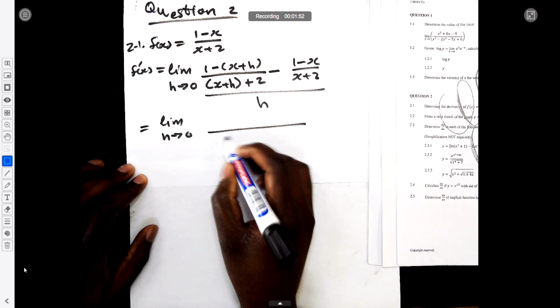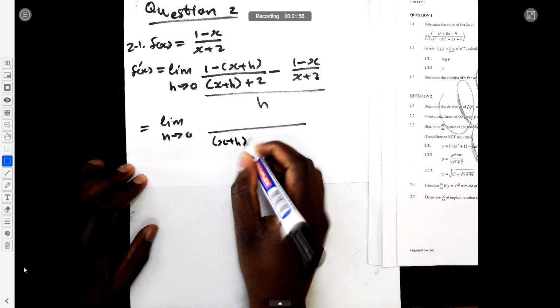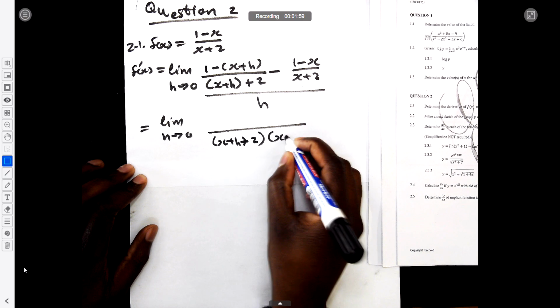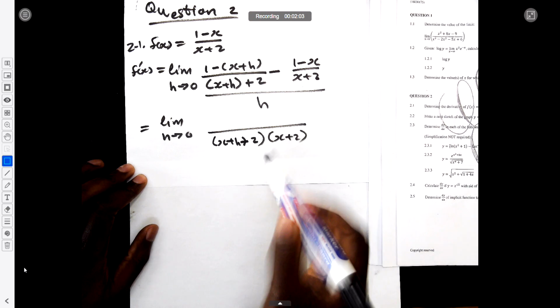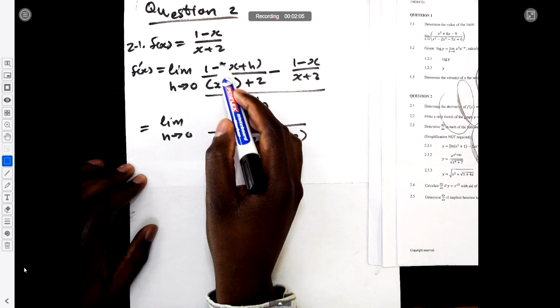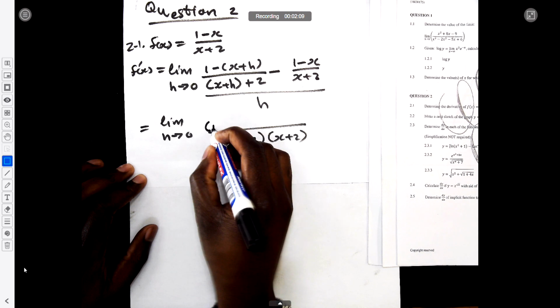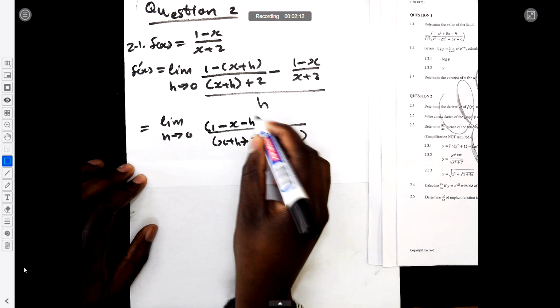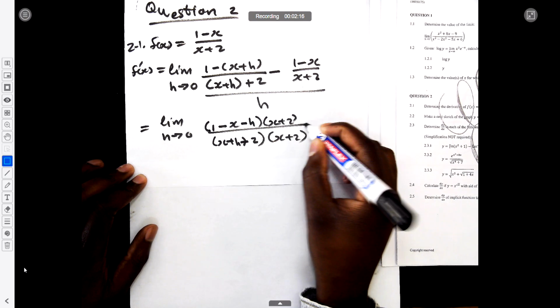So we're going to say x plus h plus 2 multiplied by x plus 2. Then this denominator multiplies that numerator, which is 1 minus x, multiplied inside the bracket, minus h multiplied by x plus 2.